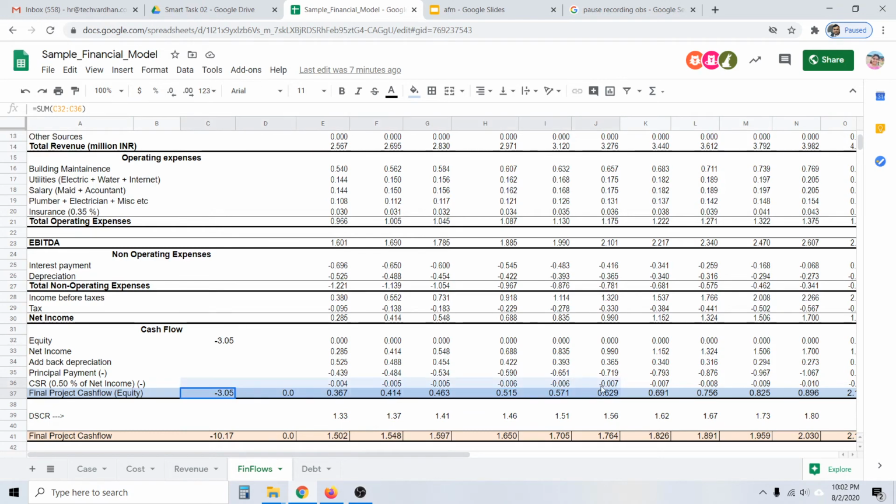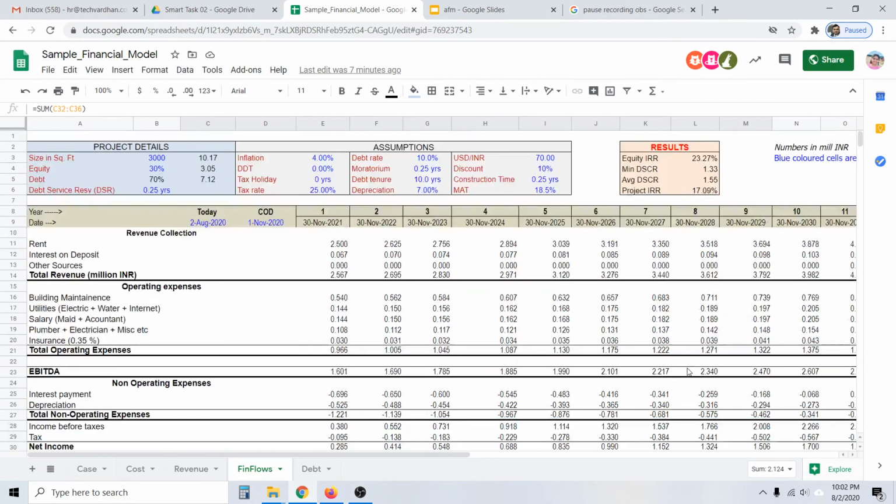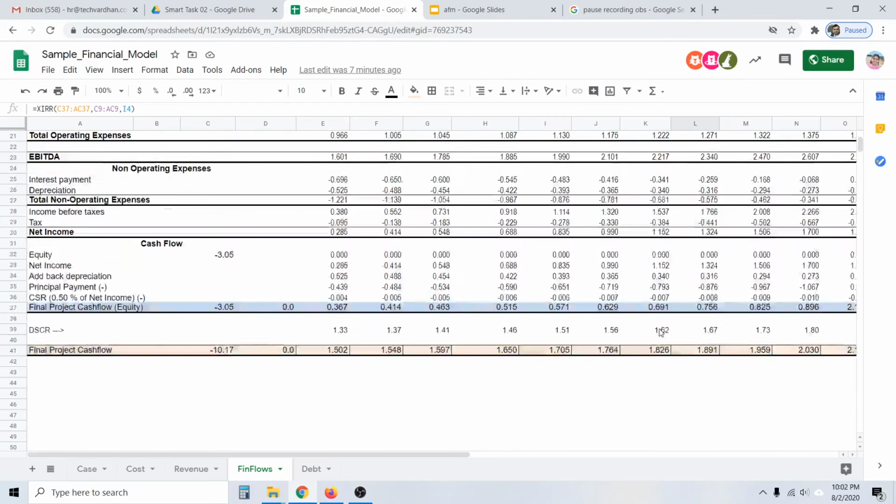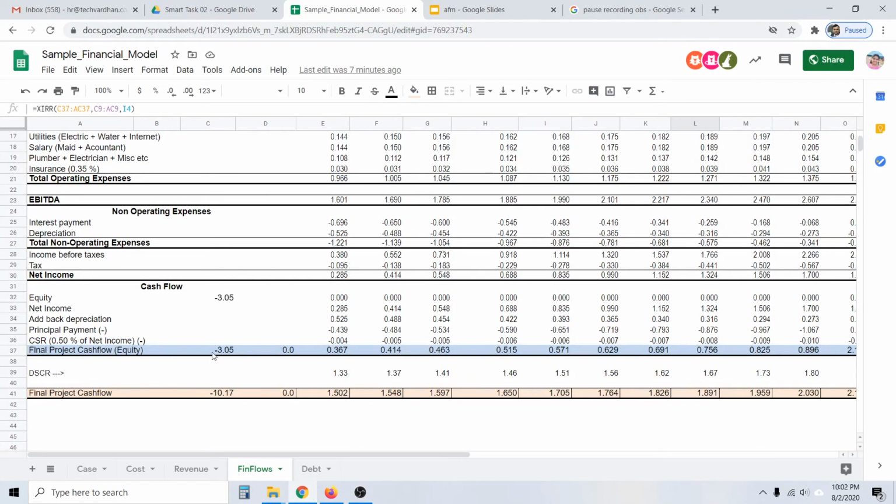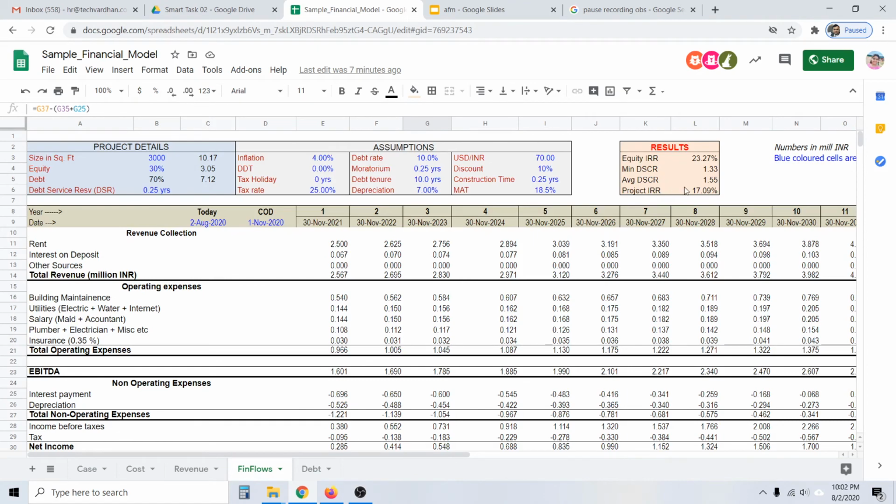So when you do the calculation here and put that in this XIRR function, you will get the equity IRR percentage. Okay. Same with the project cash flow also. This is the total project cash flow, and these are the cash flows in the project, and you can get the project IRR.